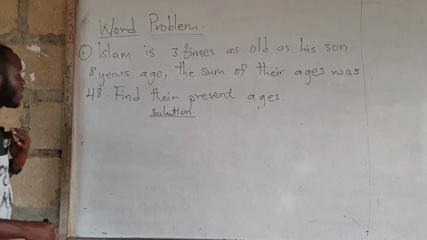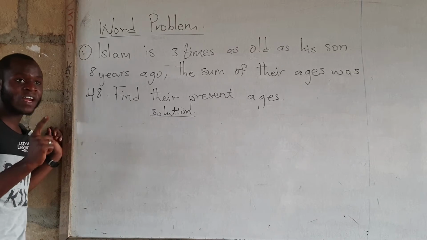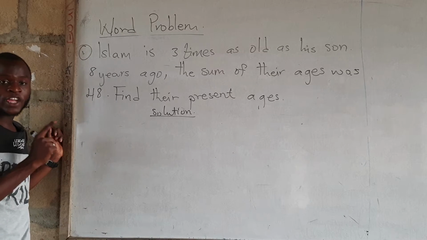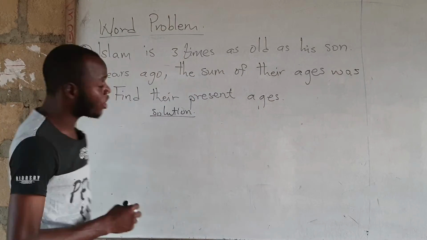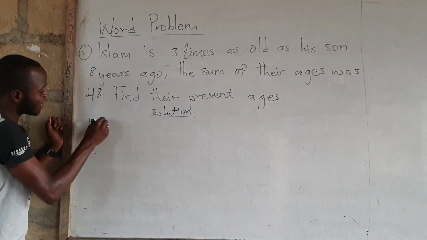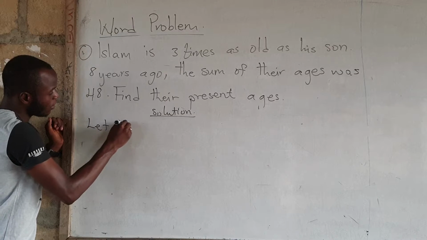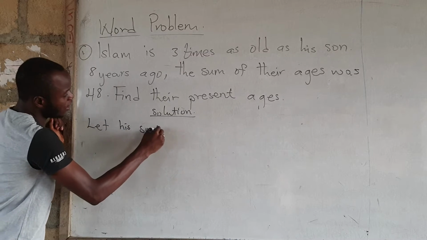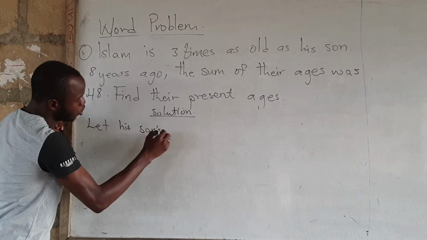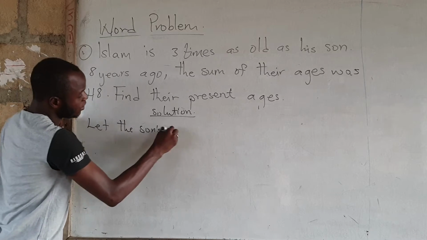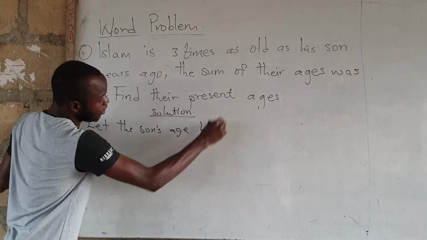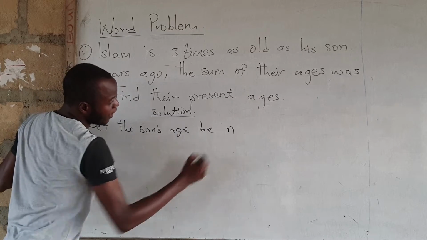Now the first thing that we have to do is to select a variable to represent their age. In this case, we will have a variable which will represent his son's age. So we state that let the son's age be, say, n.